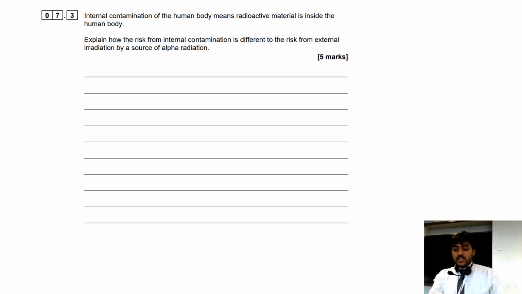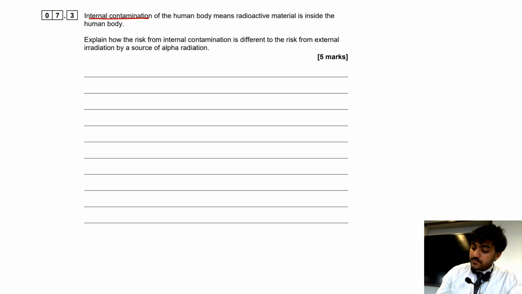Internal contamination of the human body means radioactive material is inside the human body. Explain how the risk of internal contamination is different to the risk from external irradiation by a source of alpha radiation. Lots to unpack here. So it tells you what internal contamination versus external irradiation is.